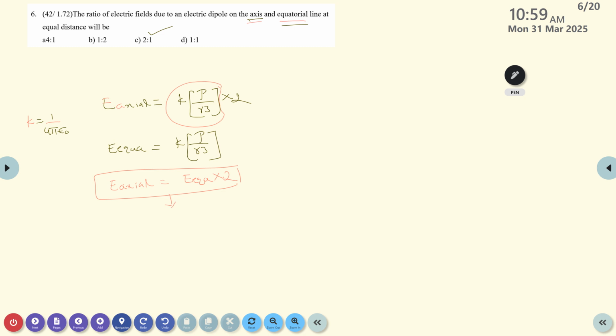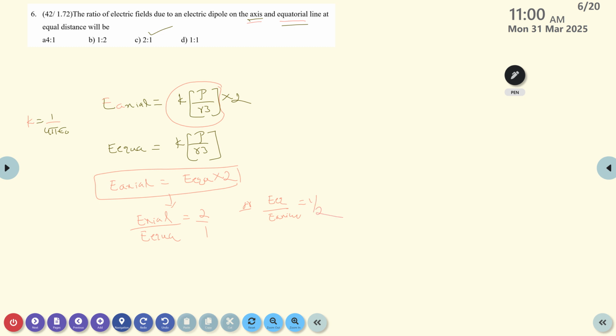And then E axial divided by E equatorial equals 2 by 1. Or else sometimes they may ask you E equatorial divided by E axial equals 1 by 2.